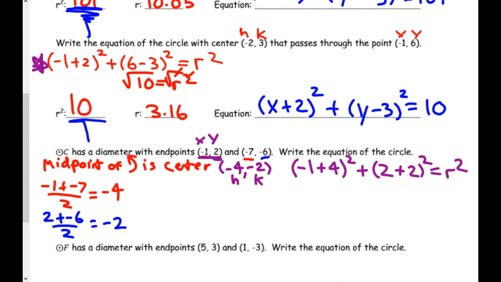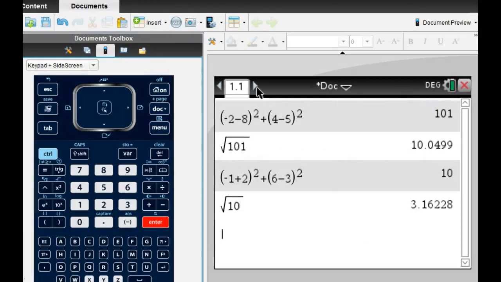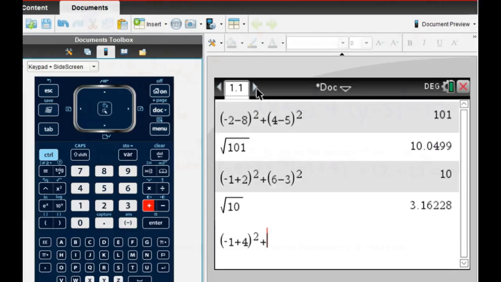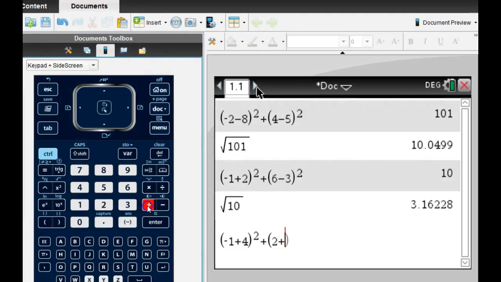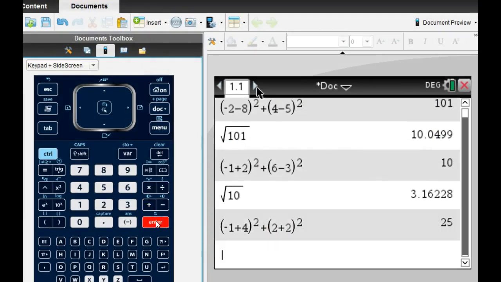Again, I'm doing what I did here over here, okay? So let's type in -1 plus 4 squared plus 2 plus 2 squared to get 25.